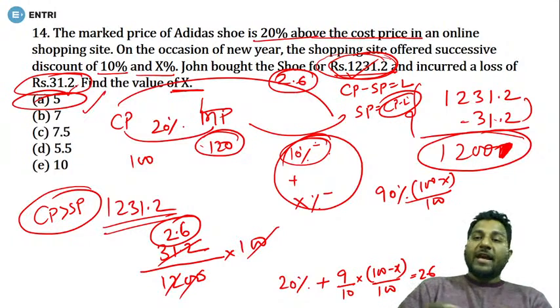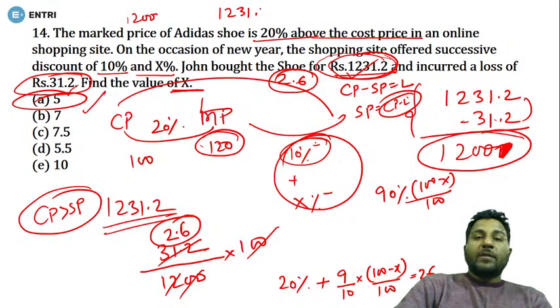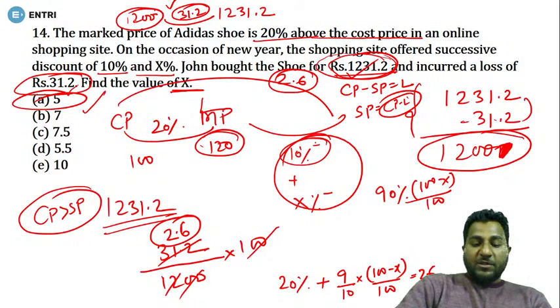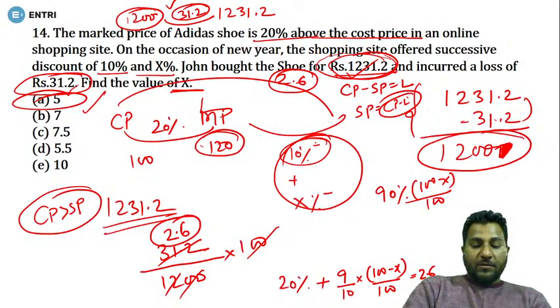So he got a loss because he thought the cost price was 1200 and I had got 1231.2. That means a loss of 31.2, but this 31.2 was the profit from the perspective of the shopkeeper. Yes, absolutely, Sharath.